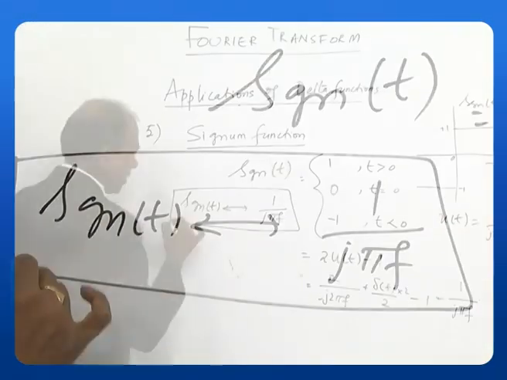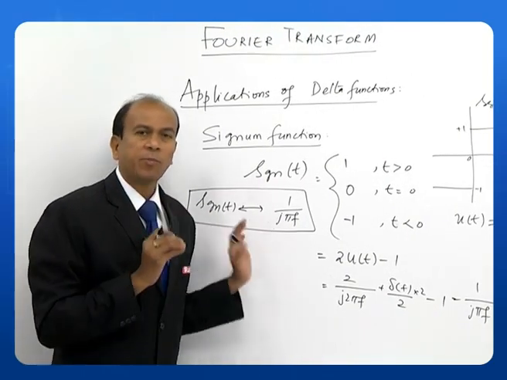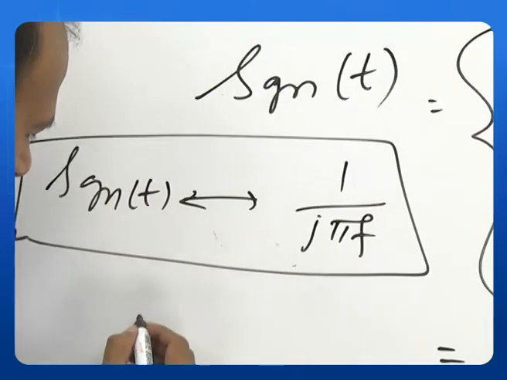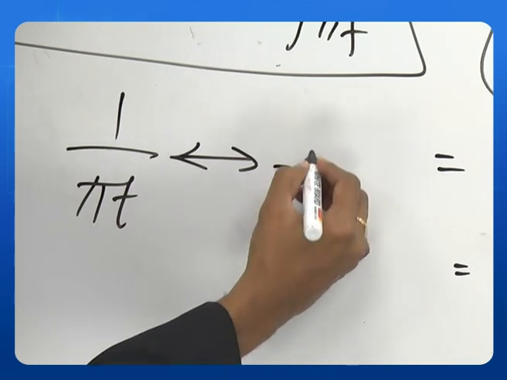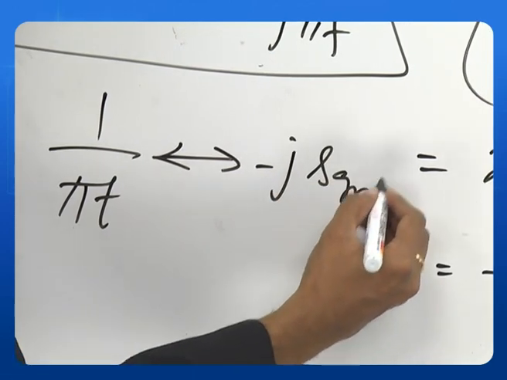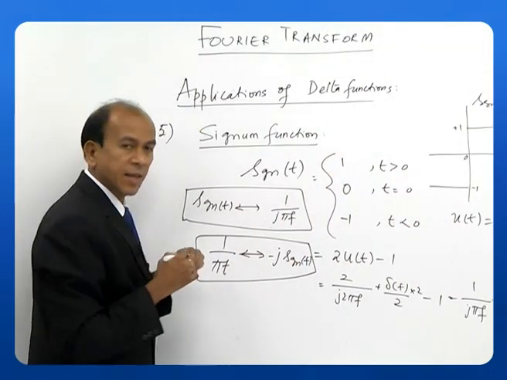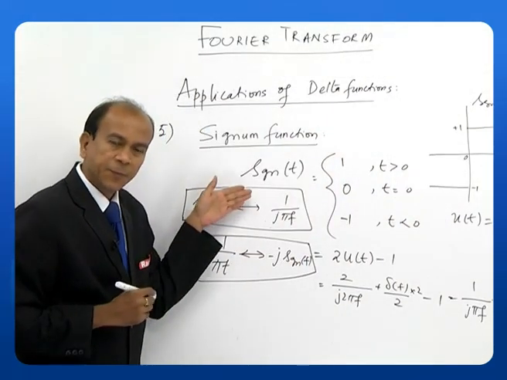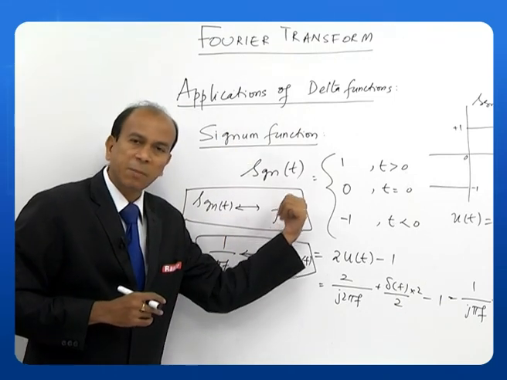We got this here, and then if I apply a duality property to this, then I will get 1 by pi t will have a frequency domain representation of minus signum of f. So, this is the signum function which is having a Fourier transform 1 by j pi f.